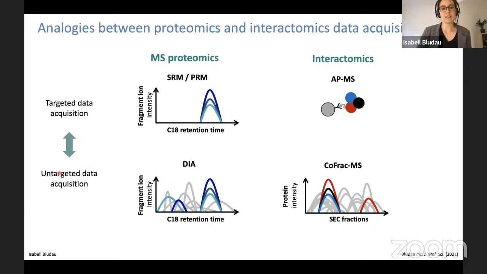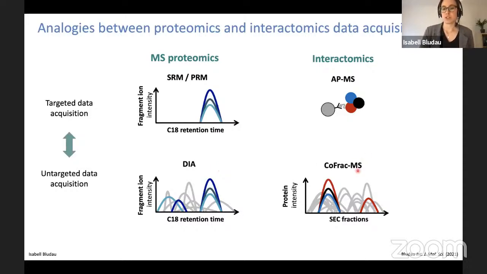On the untargeted data acquisition side, we have on the proteomics side data independent acquisition, DIA, that you've talked about already a lot over the past few days. Here the idea is that you extract peptides from an entire M/Z range and co-fragment the precursors. So what you will see is that you actually have a lot of fragment ions co-eluting together, and you don't have to select any specific peptides of interest prior to data acquisition.